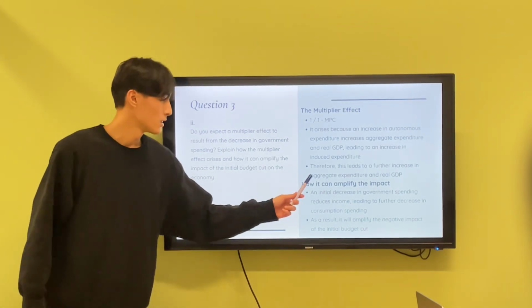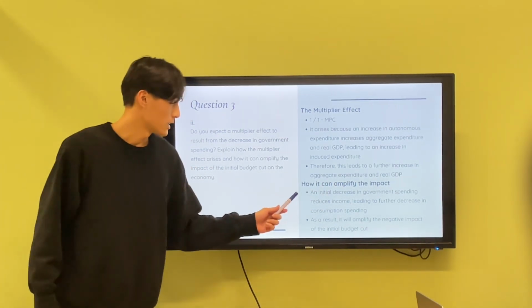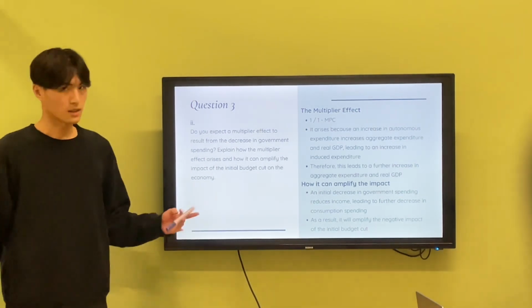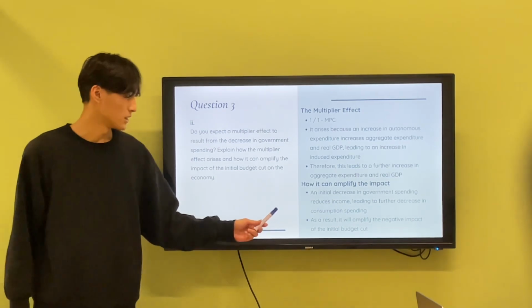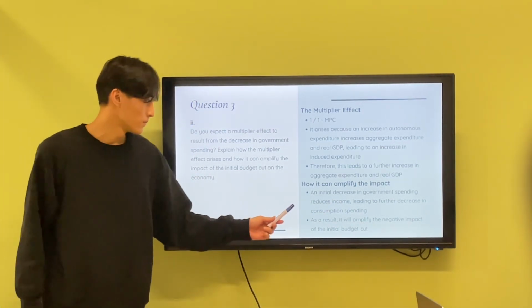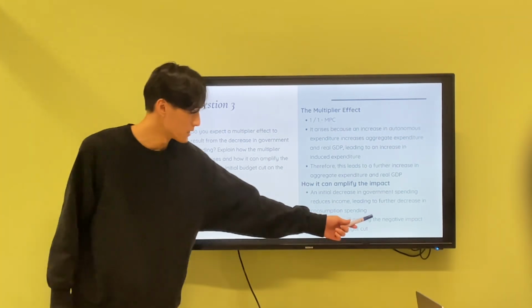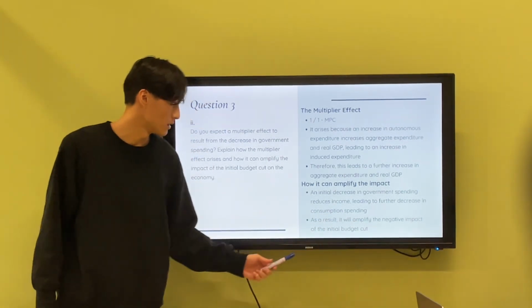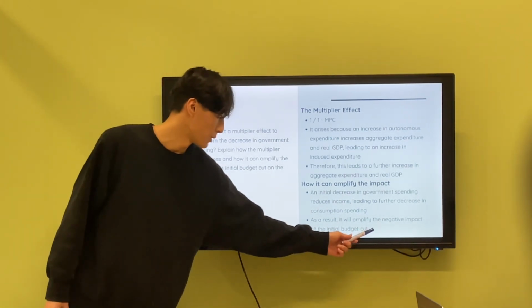Therefore, this will lead to a further increase in aggregate expenditure and real GDP. To talk about how it could amplify the impact, an initial decrease in government spending could result in a reduction in income, leading to a further decrease in consumption spending. Therefore, it will amplify the negative impact.